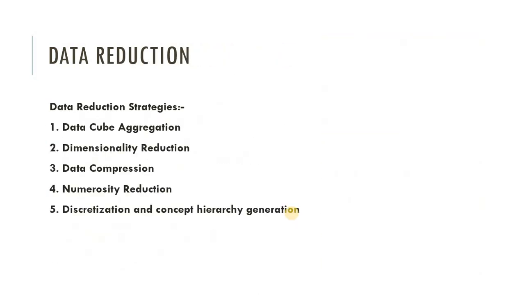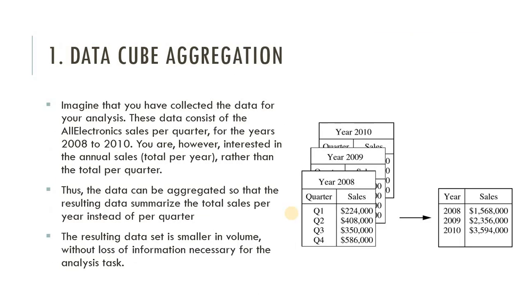So in data cube aggregation, suppose you have collected the data for your analysis, and this data consists of all electronic sales per quarter for the years 2008 to 2010. You are, however, interested in annual sales rather than the total per quarter. Suppose you want to analyze your company's sales based on year, not based on quarter.